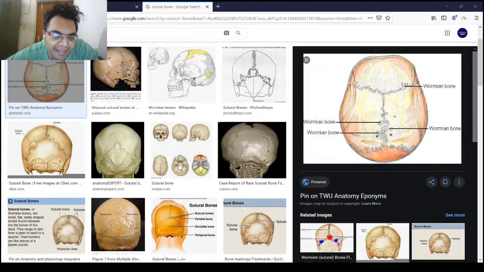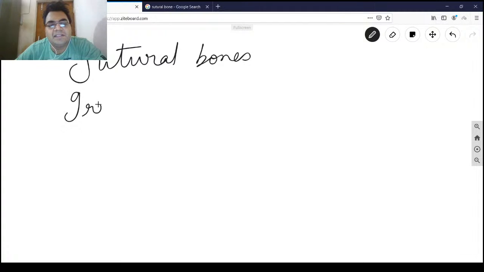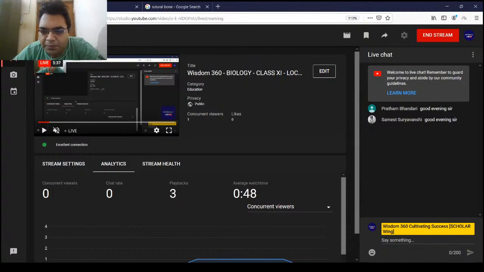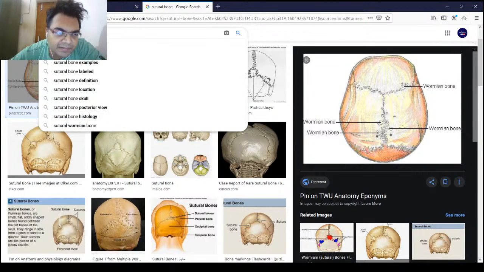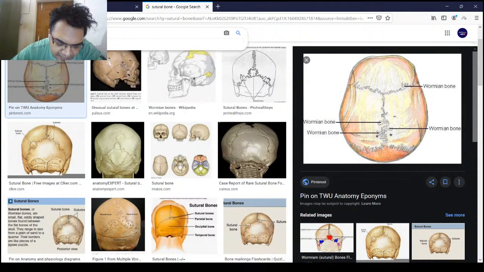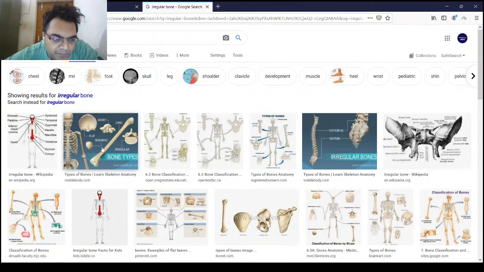Now type B is the irregular bone. Sometimes they are asked very common sense questions. Now if we talk about irregular bone, under irregular bone you may have complex shaped and sized bones like short, flat.